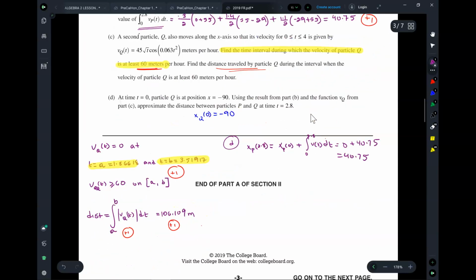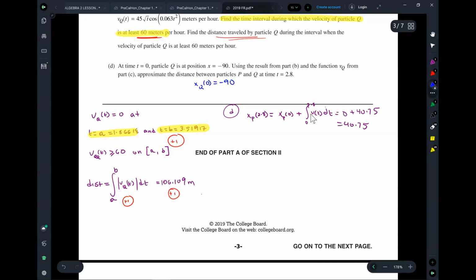Well, what about the other particle? Where is that one? xq of 2.8 is equal to xq at 0 plus the integral from 0 to 2.8 of vq of t dt. What's the initial position?